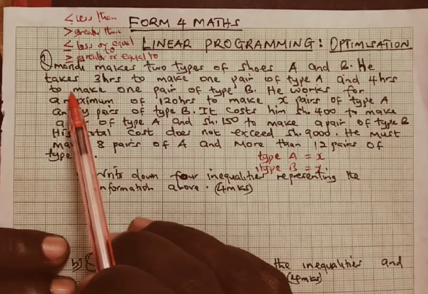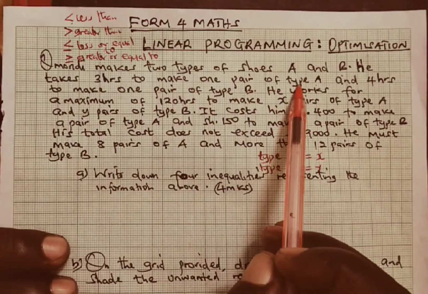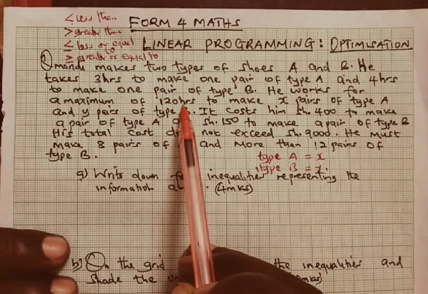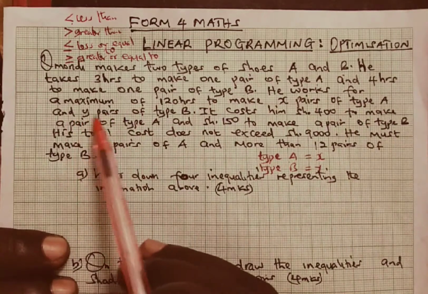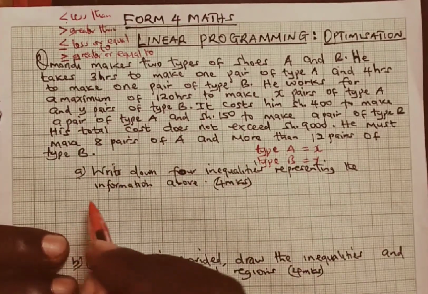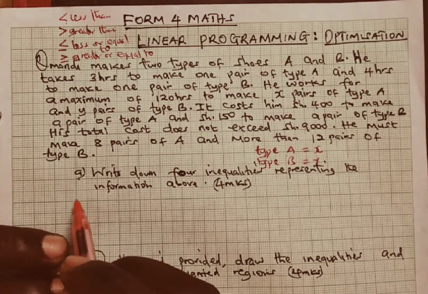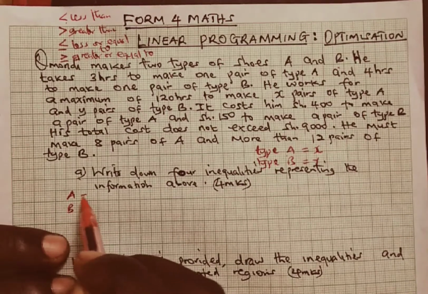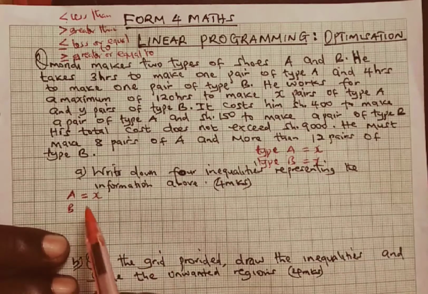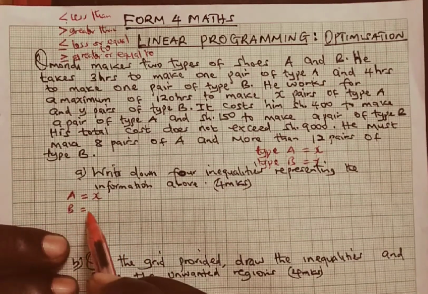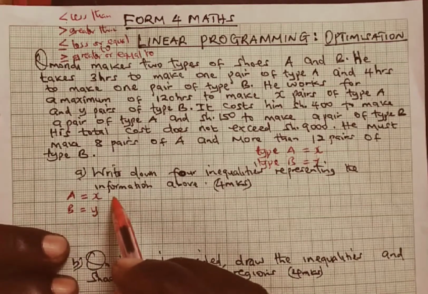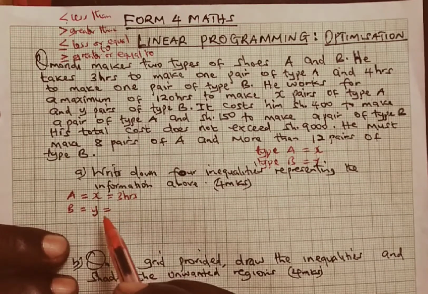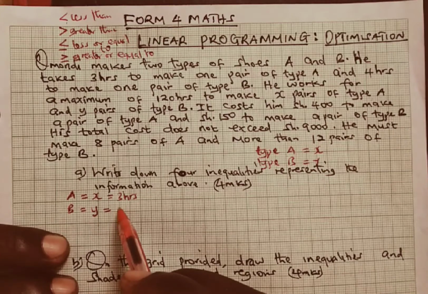He takes 3 hours to make one pair of type A and 4 hours to make one pair of type B. He works for a maximum of 120 hours to make X pairs of type A and Y pairs of type B. So the first thing we are going to start with is that he makes type A shoes and also type B, and we know he makes X pairs of type A and also Y pairs of type B. In total, to make one pair of type A, it takes 3 hours, and to make one pair of type B, it takes 4 hours.